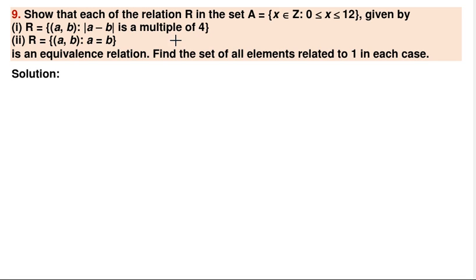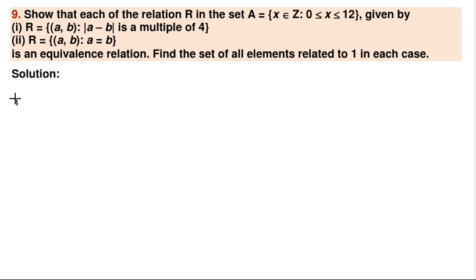The second case is where both a and b are equal, pre-image and image always equal. We also have to find the set of all elements related to 1 in each case.